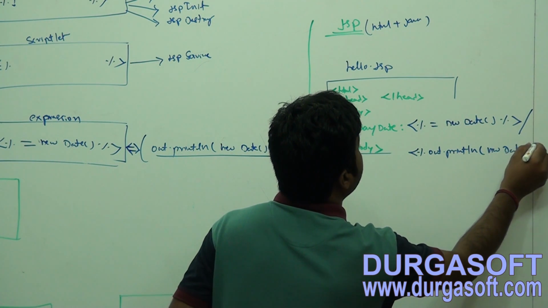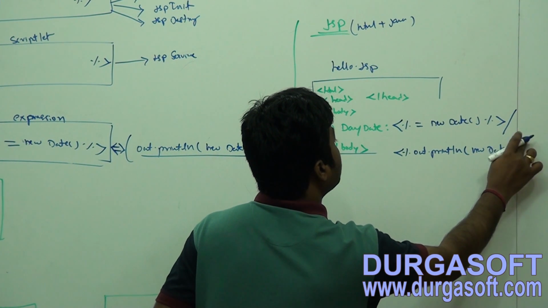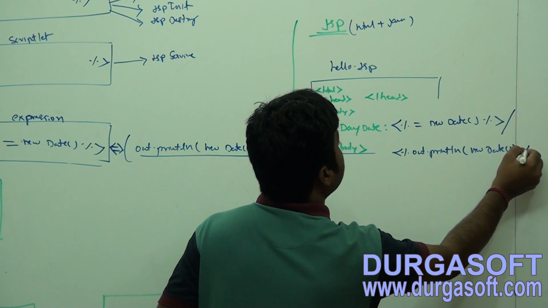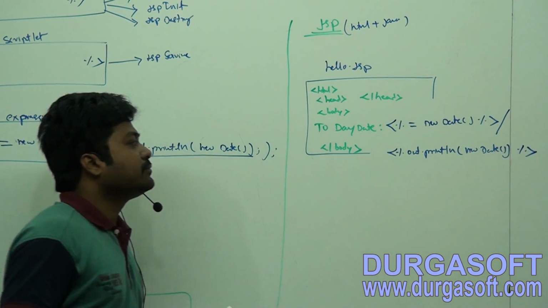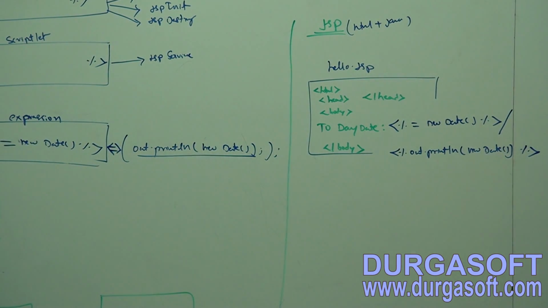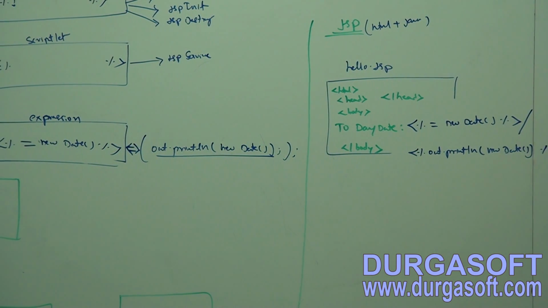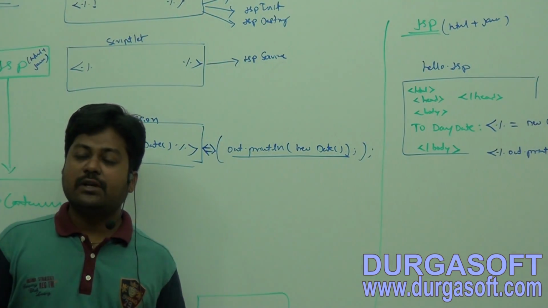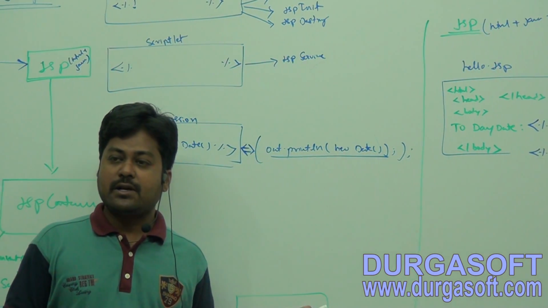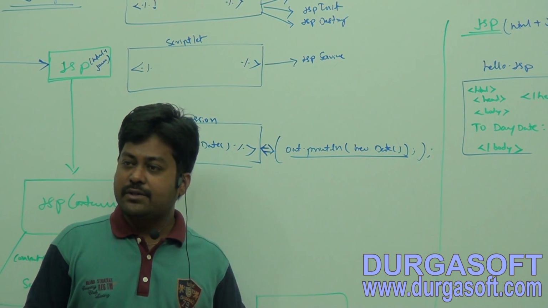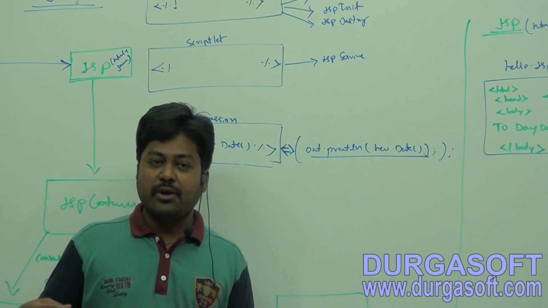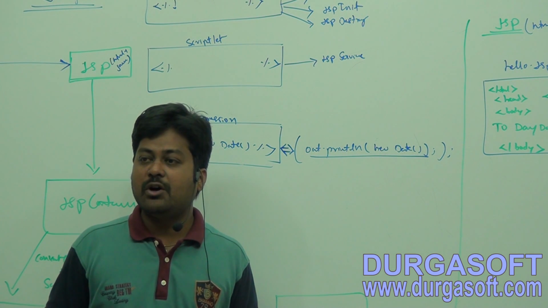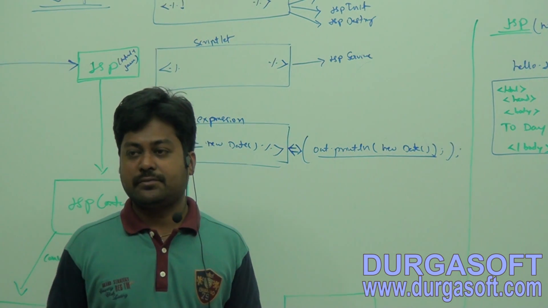Any one you can use. Finally, you need to load this page into the container. The container will convert it into a servlet. Finally, the servlet will compile and it will give us output. It will do this compilation and complete procedure at the time of the first request.